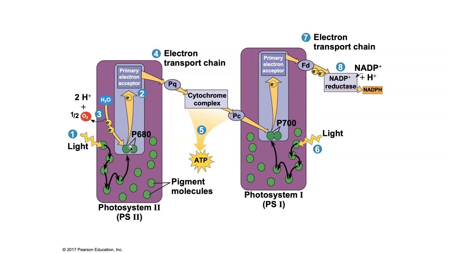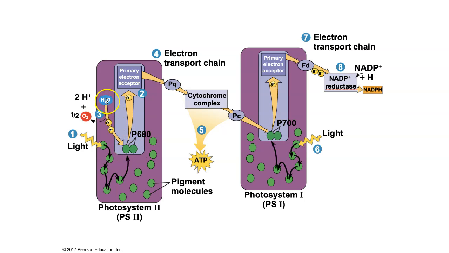Because it lost a negative charge, it became P680+. It gained a positive charge by losing its electron. So we need to restore that. If we don't, then this won't be able to happen ever again, because there won't be any electron for this to excite. So where do the electrons come from, which is going to replenish this chlorophyll A?